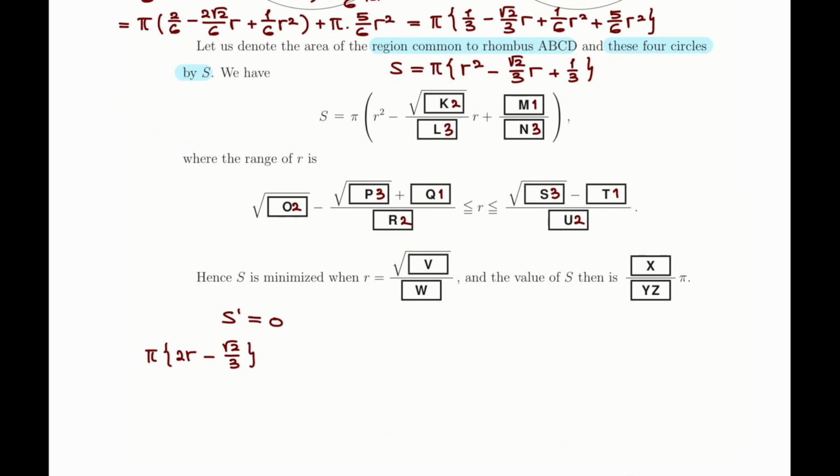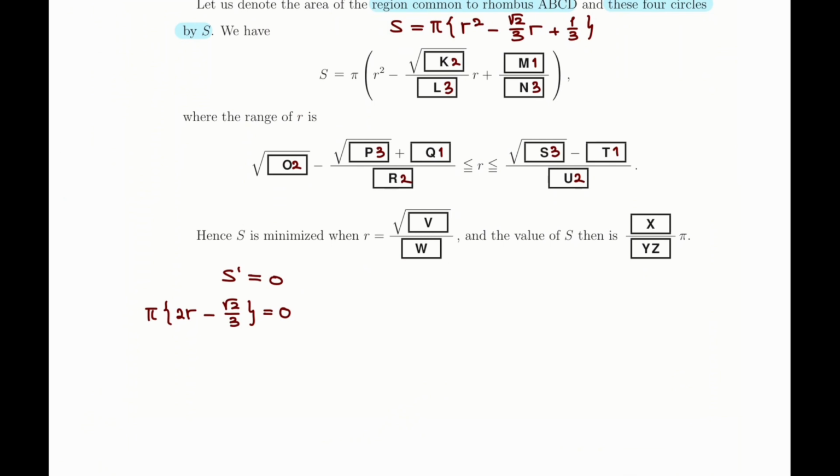So this equals 0. You can move the constant to the other side. Then I will get 2r equals square root of 2 over 3. Therefore r is equal to square root of 2 over 6. That's the value of r.